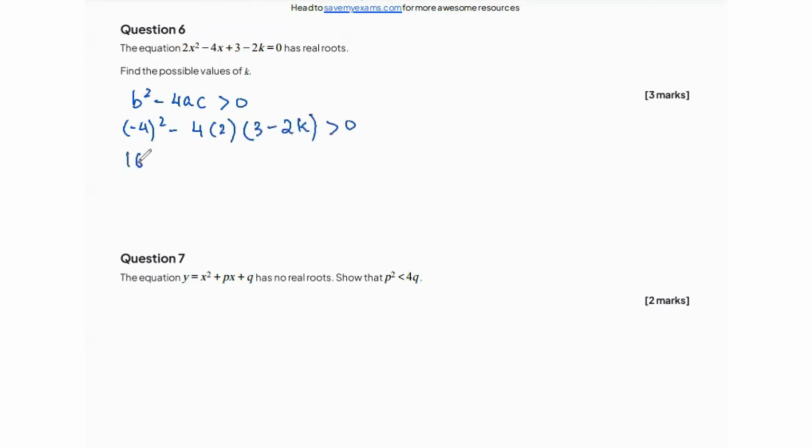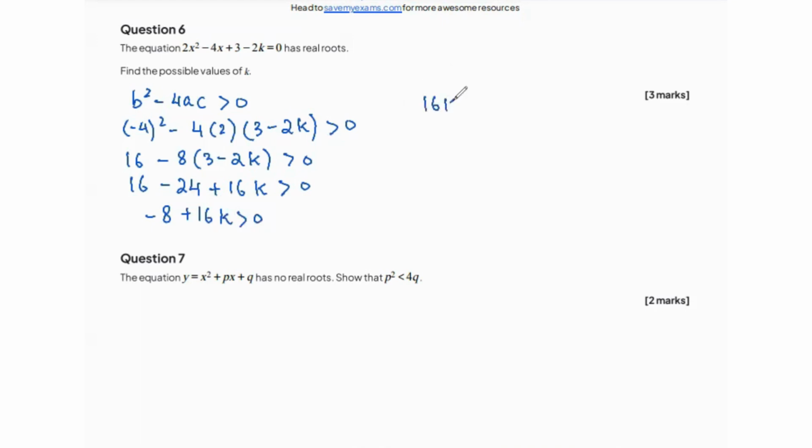So that's going to be 16 minus 8 times (3 minus 2k). 16 minus 24 plus 16k. 16 minus 24 would be -8. Take the -8 to the other side. So 16k is greater than 8 and k is greater than 1/2.